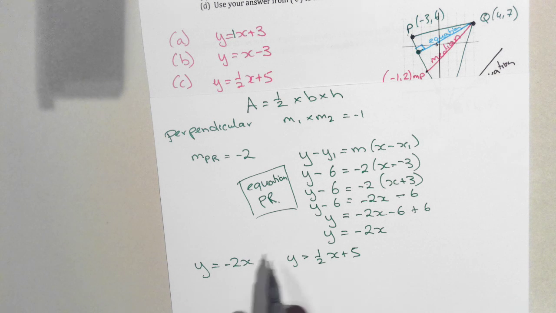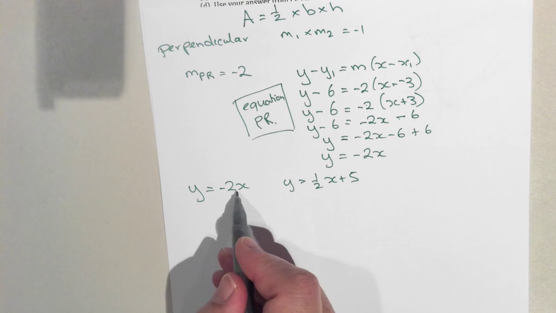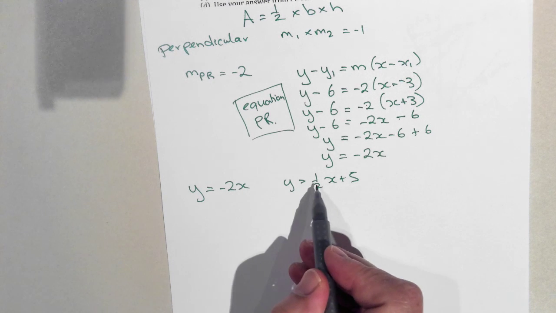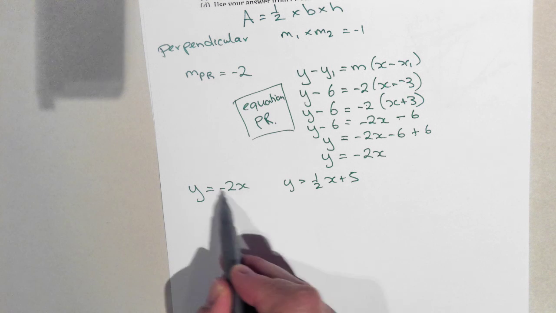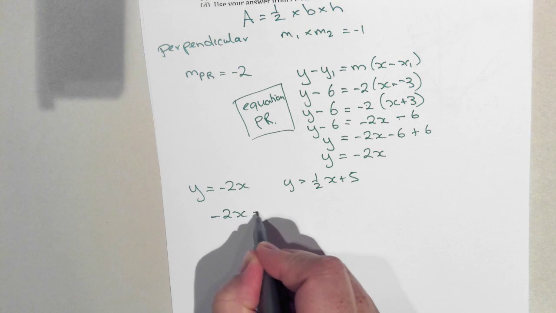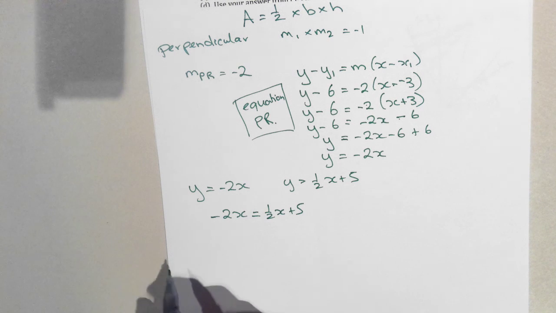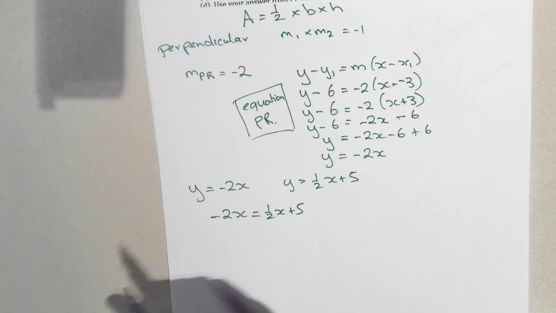I want to find where these two lines intersect. If y is equal to -2x and y is also equal to a half x plus 5, then -2x must be equal to a half x plus 5.